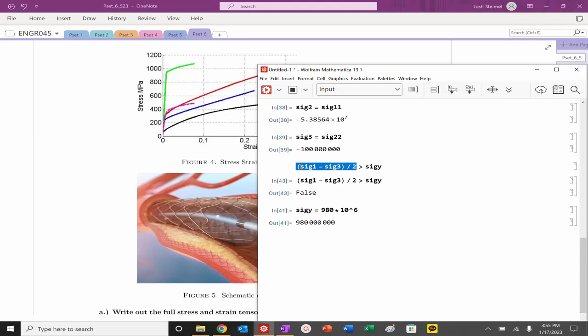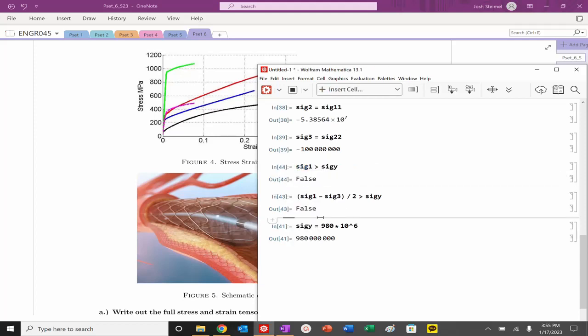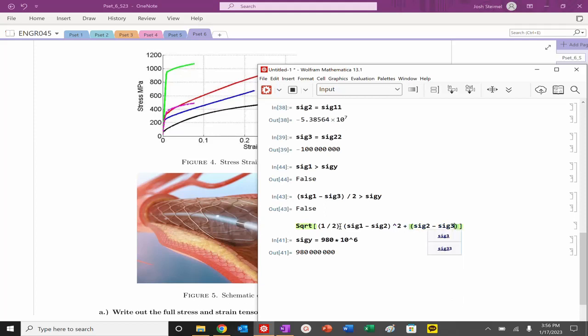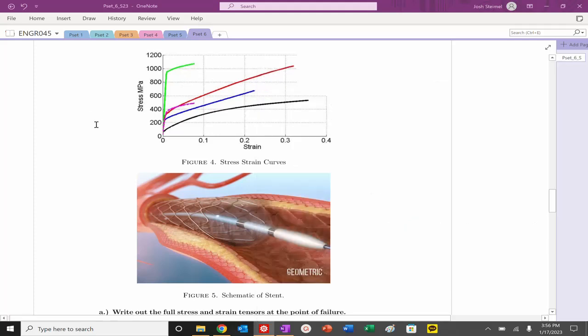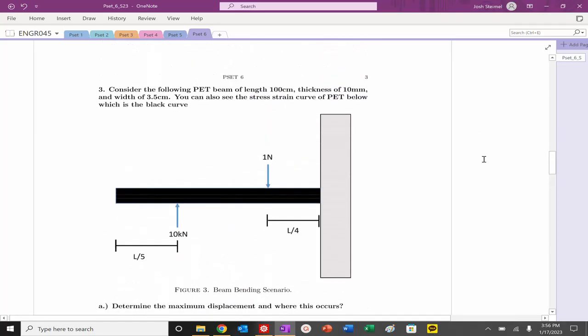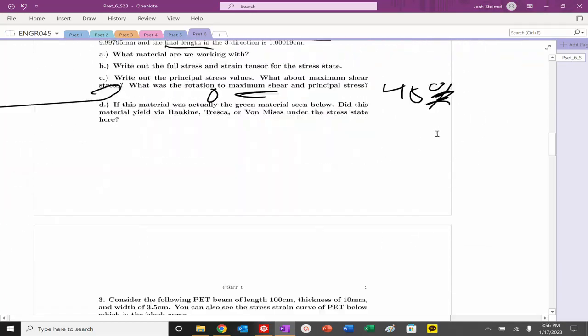Rankine is just going to be sig 1, and then von Mises is square root of 1/2 times sig 1 minus sig 2 squared plus sig 2 minus sig 3 squared plus sig 3 minus sig 1 squared. If this is greater than sig y, no yielding. So if this is the green material, we are not yielding. We will never yield. And that's it.